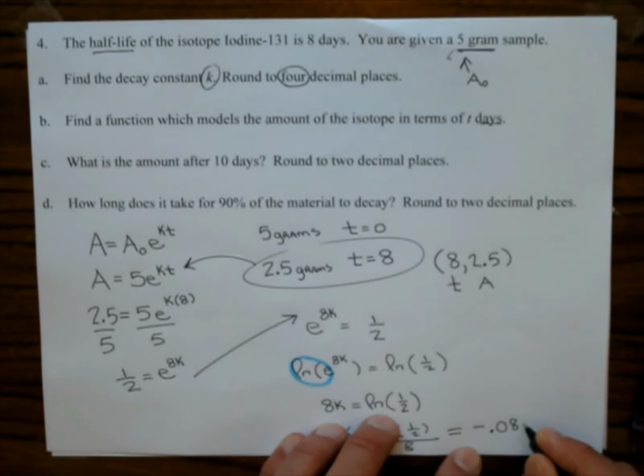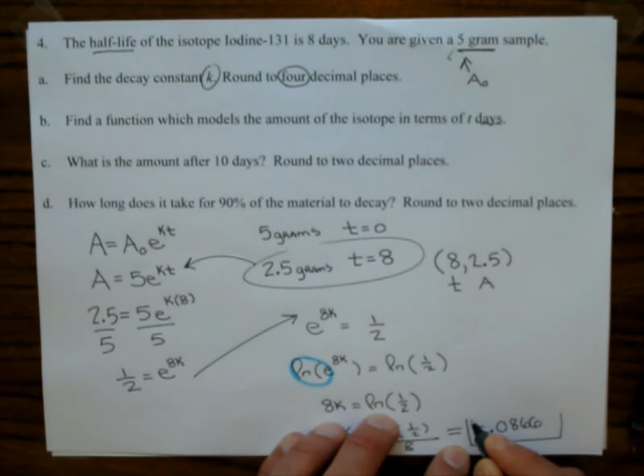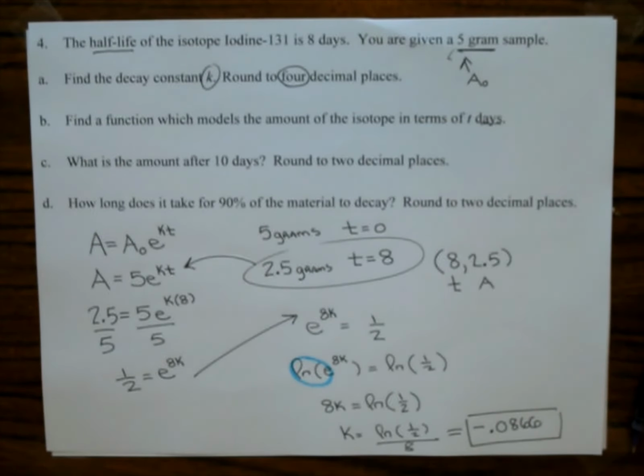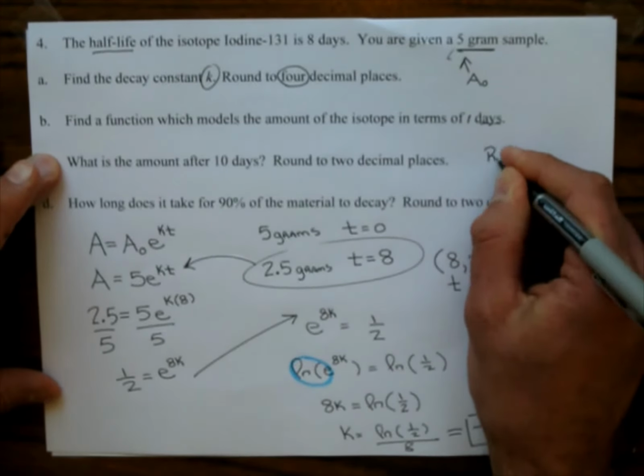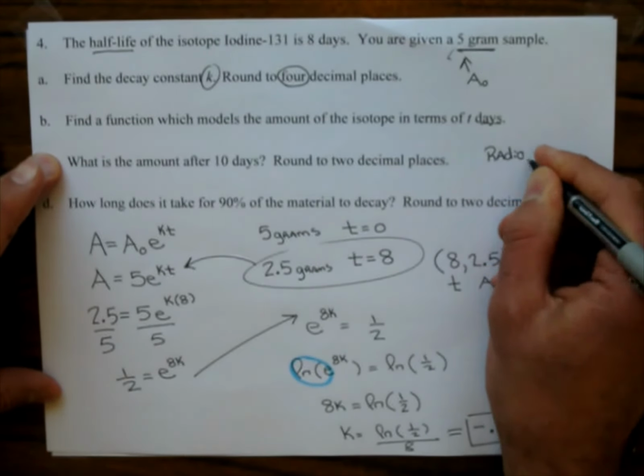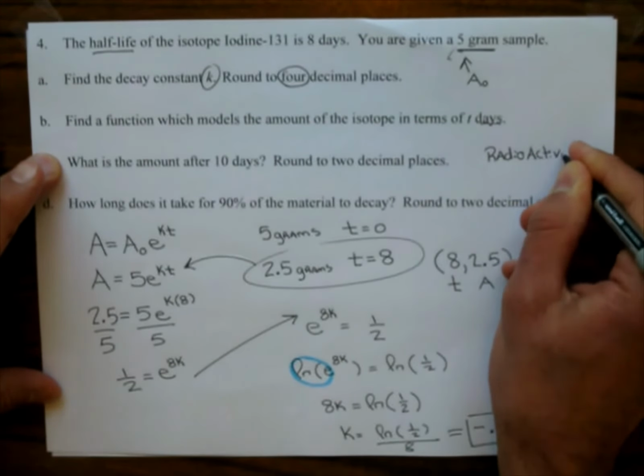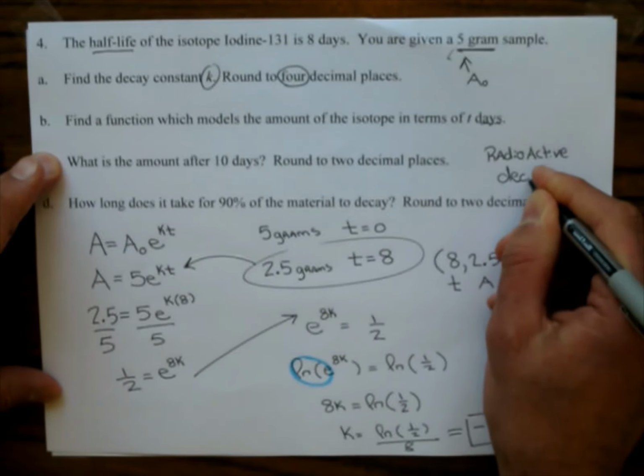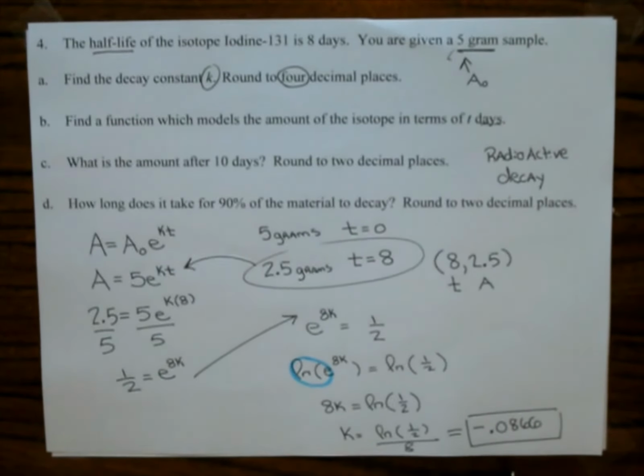Let's see, 0.0866, and that is the value of K. Okay, so now because things are decaying, this is called radioactive decay. I'll just put that here, radioactive decay. It means our growth constant is going to be a negative number.